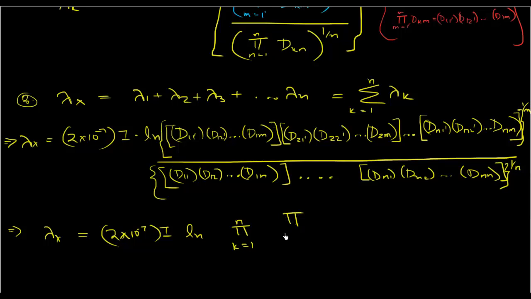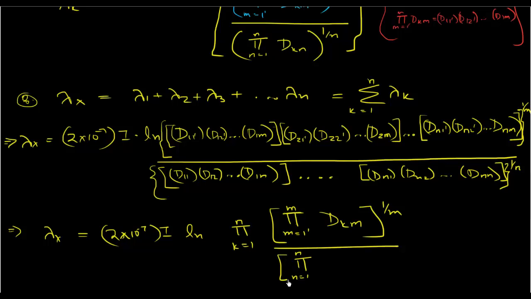In the numerator, you're going to have product of m going from 1 prime to m dk of m, 1 by m, and in the denominator you're going to have n going from 1 to n dk of n, 1 to the power n, and this whole thing is in a bracket.